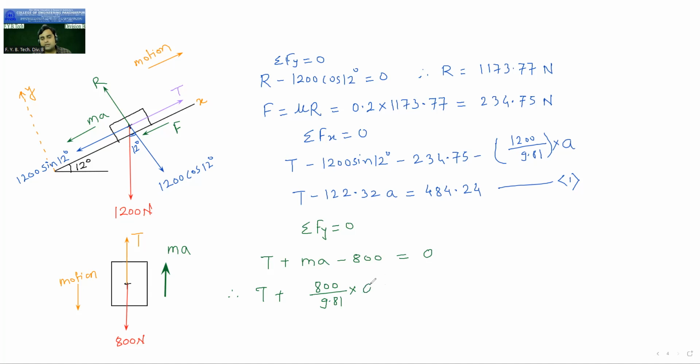So it is acceleration as it is, which is equal to 800. Send that 800 to that side. So what is this? T plus 81.54A is equal to 800. This is our equation number 2. Now solve these two equations, you will get the value of T and A.